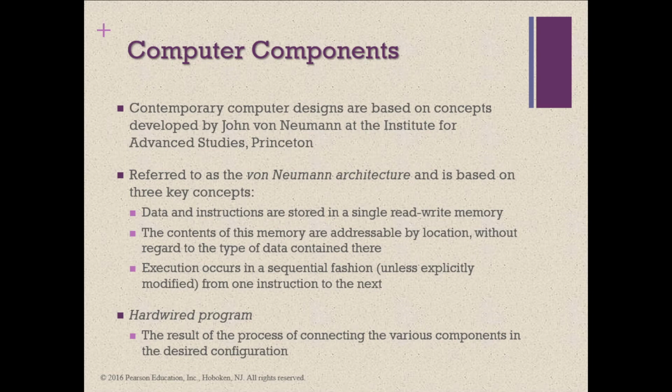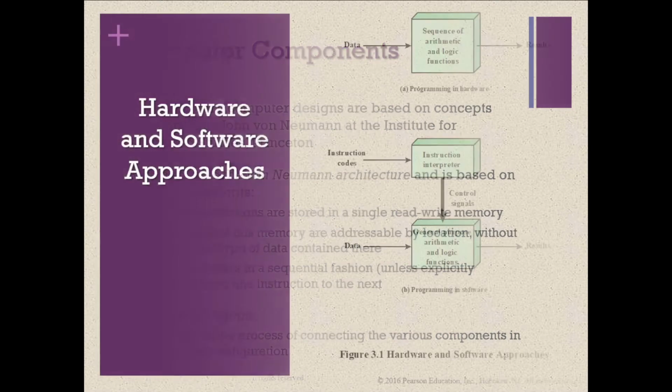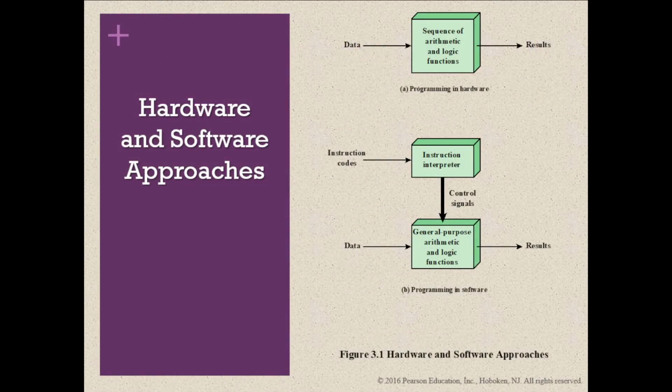So let's differentiate the hardwired program and the soft-wired program. We have this figure 3.1, showing the hardware and software approaches. We can see 3.1a, which is programming in hardware, and 3.1b, programming in software.